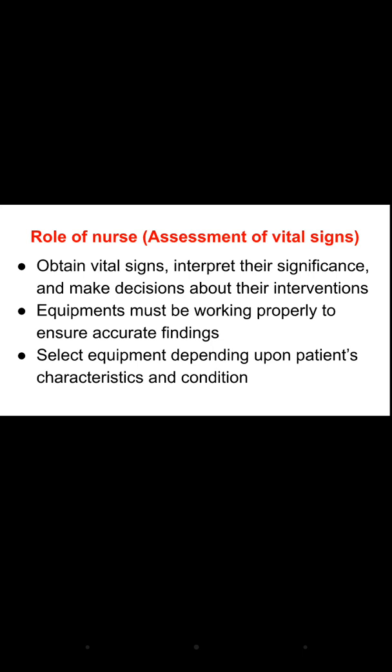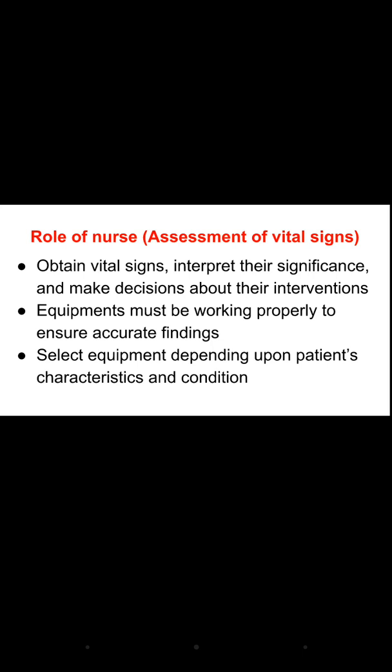Then equipment must be working properly to ensure that accurate findings are obtained. So before obtaining the vital signs, check the equipment: whether the blood pressure cuff is functioning or not, the thermometer is functioning or not, your watch is functioning or not. Then select the equipment depending upon patient characteristics and condition.